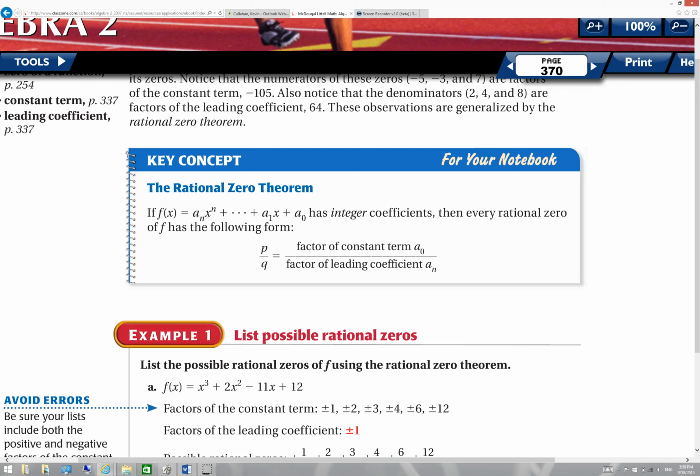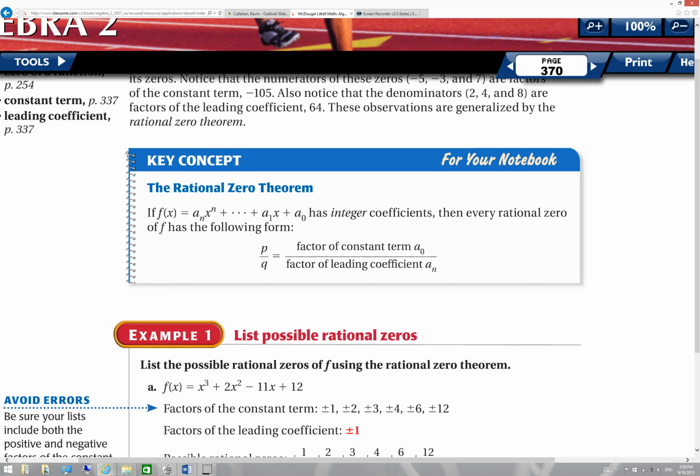Now the factors of 12 would be 1, 2, 3, 4, 6, and 12. But if it could be 1 times 12 equals 12, then it would also be -1 times -12 equals 12. The same thing goes for all the other numbers here. That's why these are all plus or minus 1, plus or minus 2.